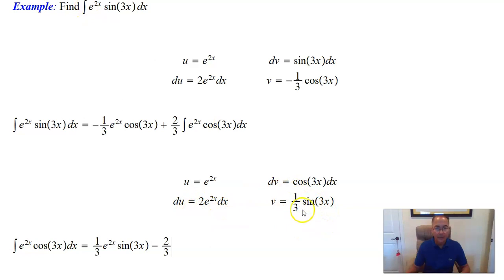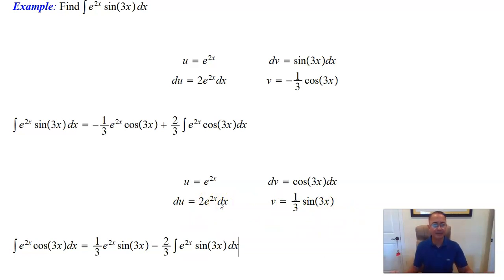Oh, check it out. Sine of 3x e to the 2x dx. Wait, that is our original integral. See it? v du. So 2/3 goes out, but we have e to the 2x sine of 3x dx.